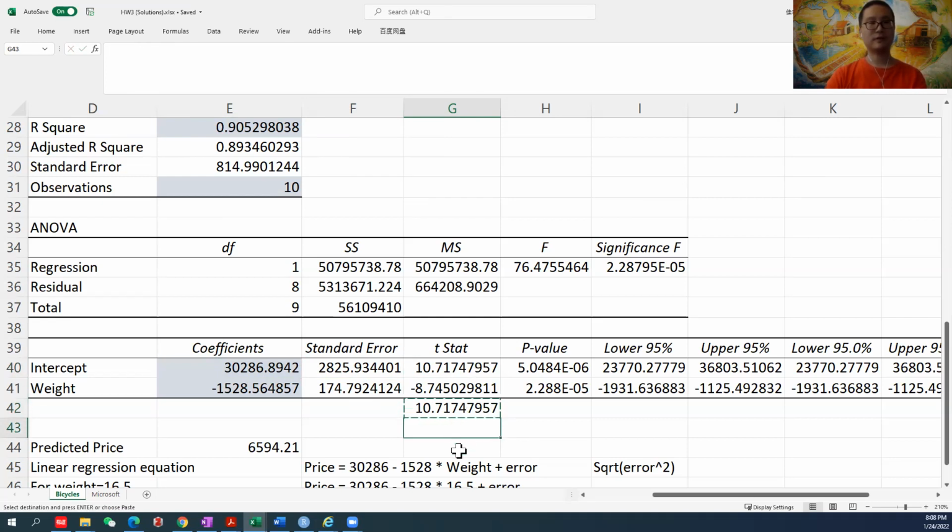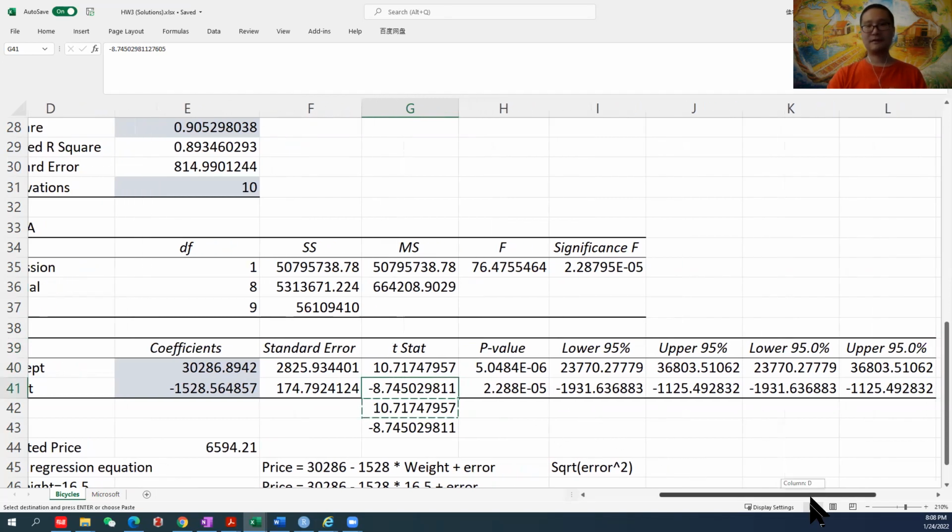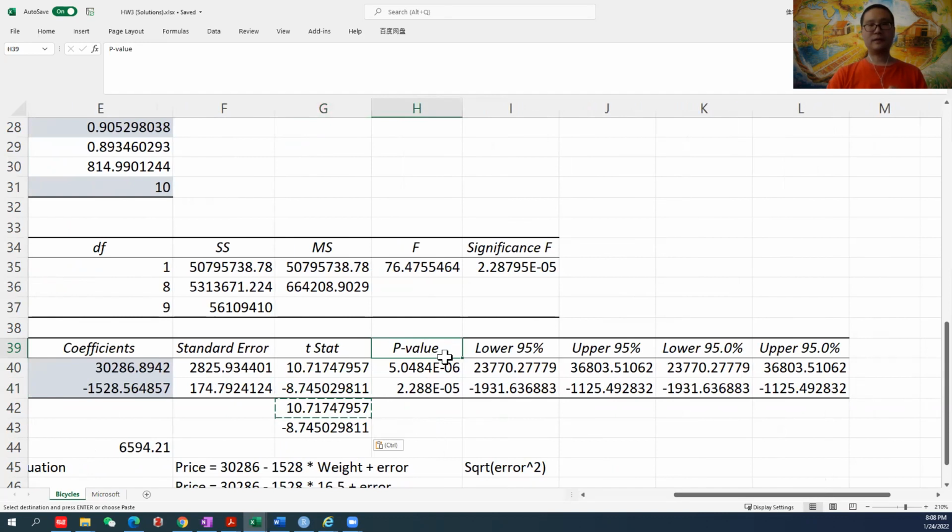If we do the same for the second coefficient, we get the same stuff. So the t statistic, also referred to as t ratio, is basically the ratio between these two. And if it's very large, we say that it's a significant coefficient. And if it's very small, then we say it's not very significant or non-significant. Then we tell the significance by p-value, and based on the standard error, we can also calculate the confidence intervals. We will discuss their details in future lectures.